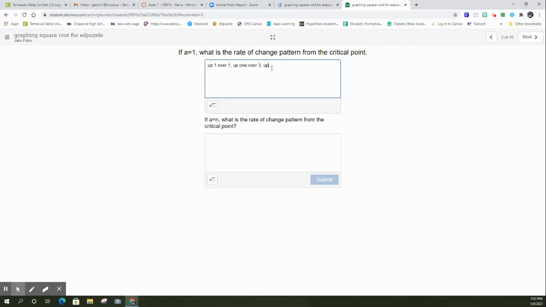Then up 1 over 5. Okay, but if a is n, then it's up n over 1, up n over 3, up n over 5. Notice the overs never change. It's the up that changes. And the up is always going to be the same as whatever a is. If a was negative, it's down.